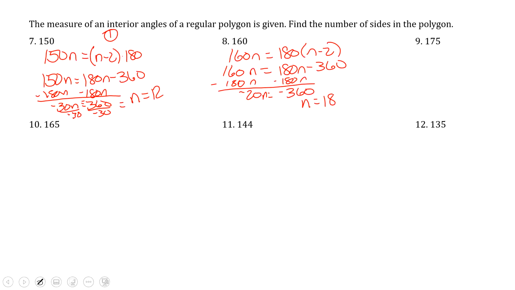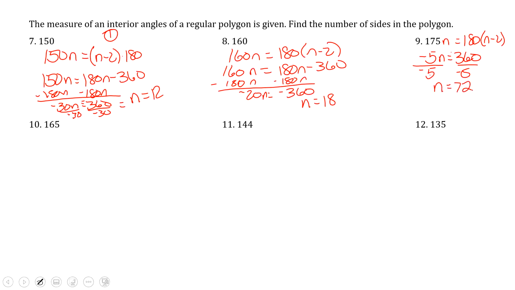175, same thing. I'm just going to do 175n equals 180 times n minus 2. Kind of see where we're going. I'm going to end up with negative 5n equals negative 360. When I divide by negative 5, I end up with n equals 72.